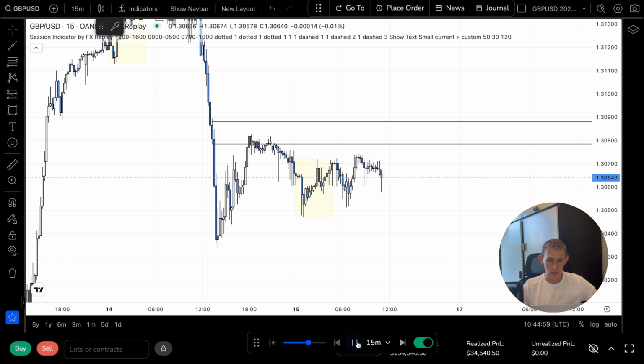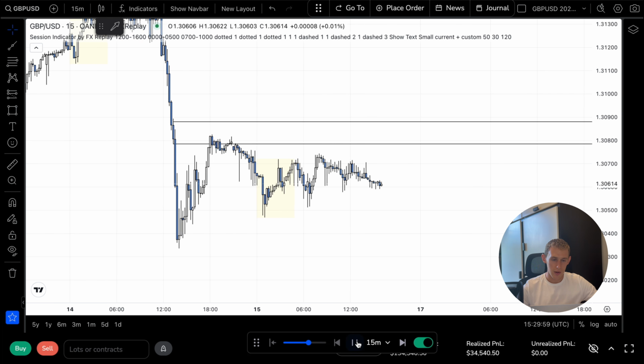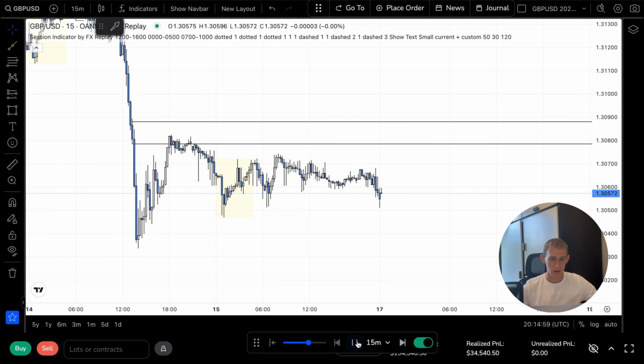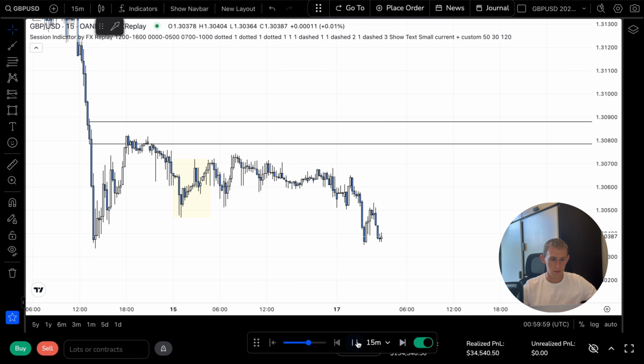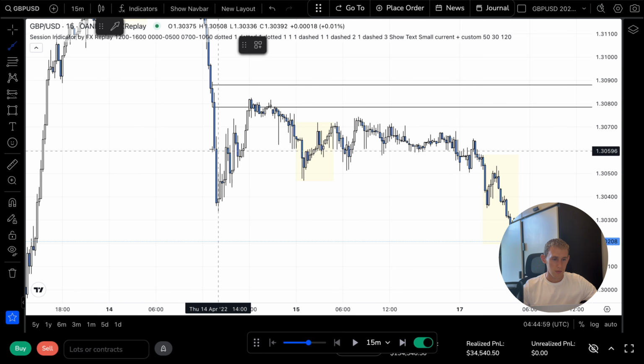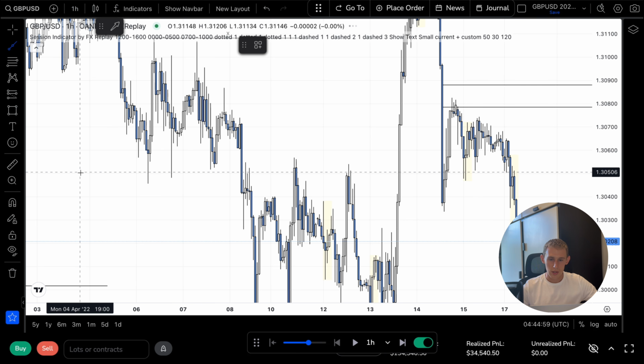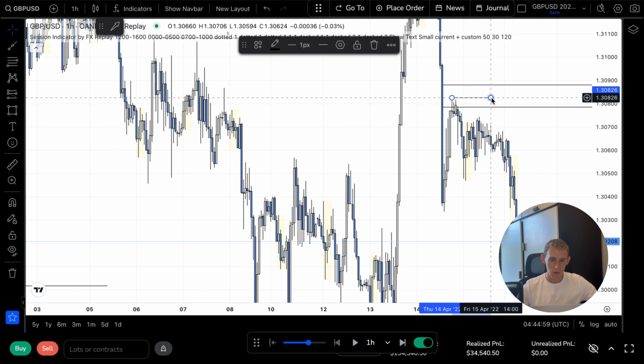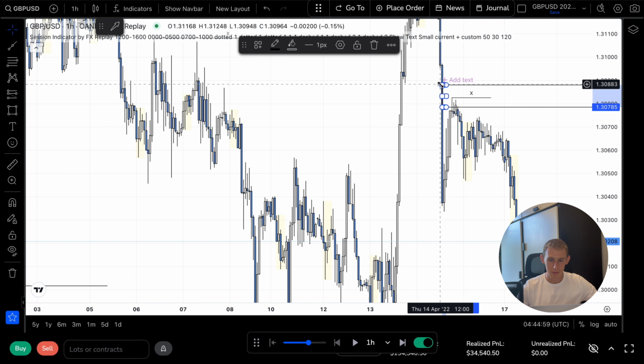Ideally, I want those to be taken out first. All right, no. Seems like price just wants to continue down from there. Could still see this taken out, to be honest. I'm not really keen on how price left those highs above.